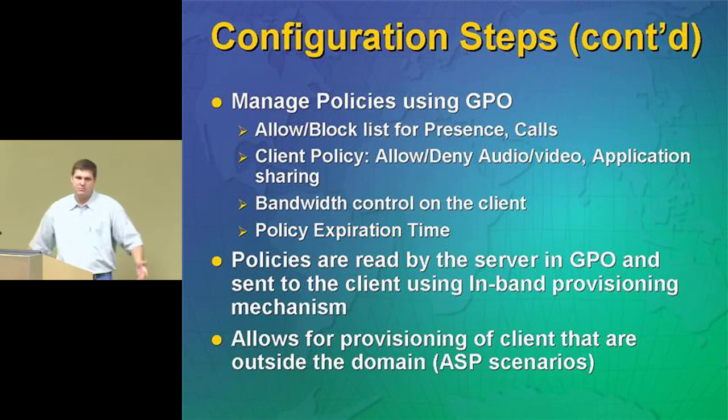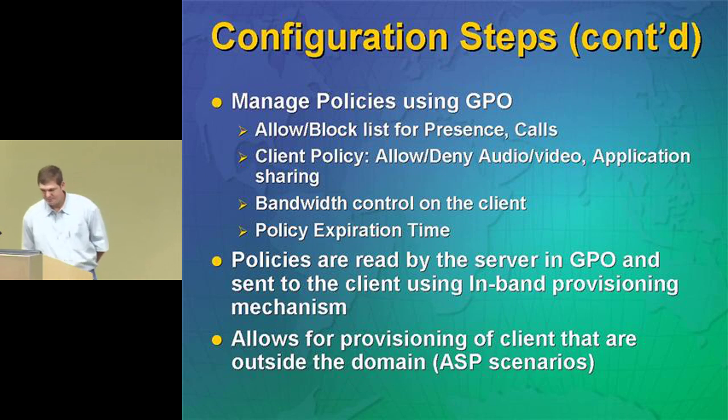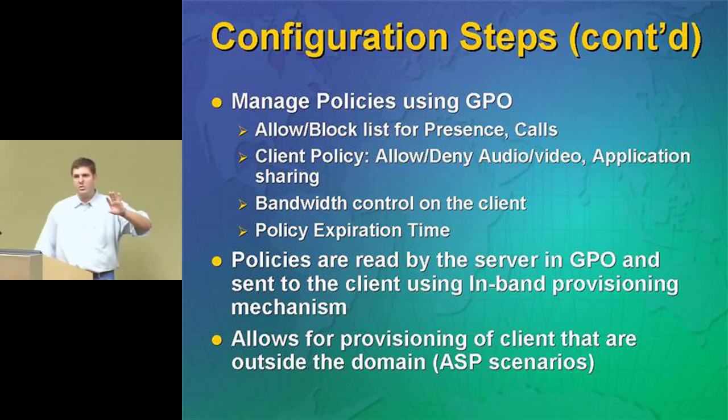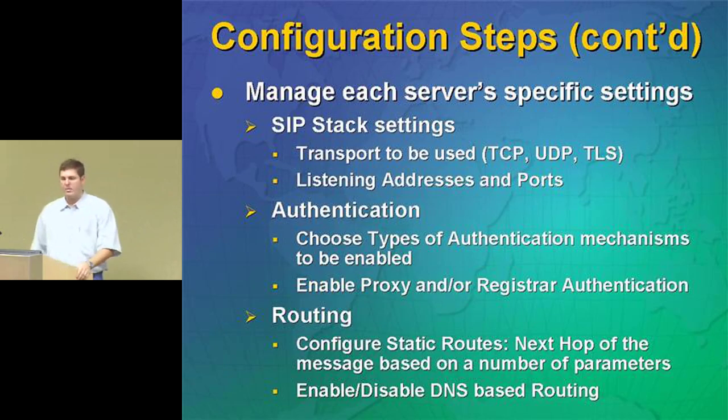And administrators may want to do this on a global setting. You might want to set bandwidth controls, as I mentioned earlier, and you'd do this in the GPO. So you'd say people in this subdomain are limited to 100K because the people in that subdomain are on an older network. So we're just going to say nobody's going to be able to hog the network bandwidth in that domain.